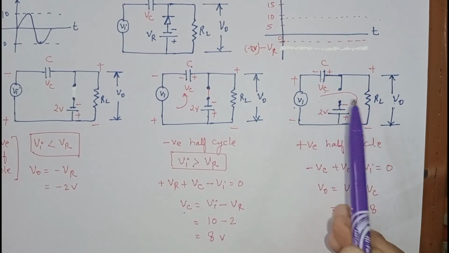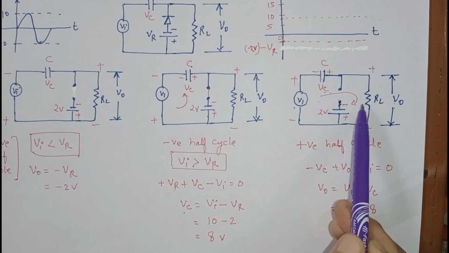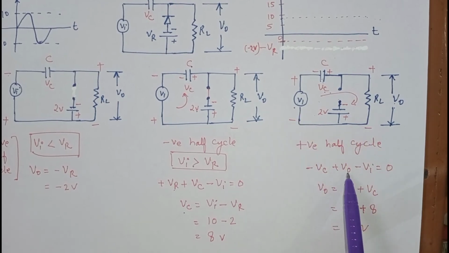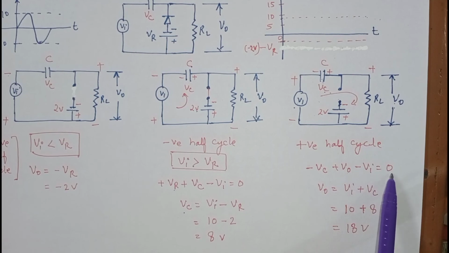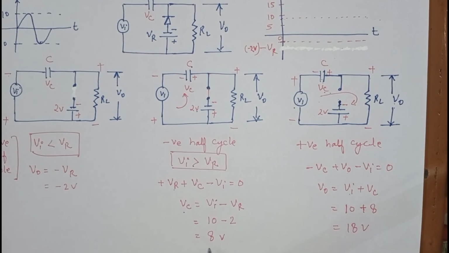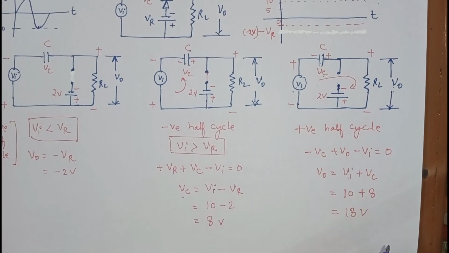So minus VC plus V output minus VI equals 0. So output voltage will be equal to VI plus VC. VI peak voltage is 10 volt plus VC is 8 volt that we have found here. So the output voltage will be equal to 18 volt.